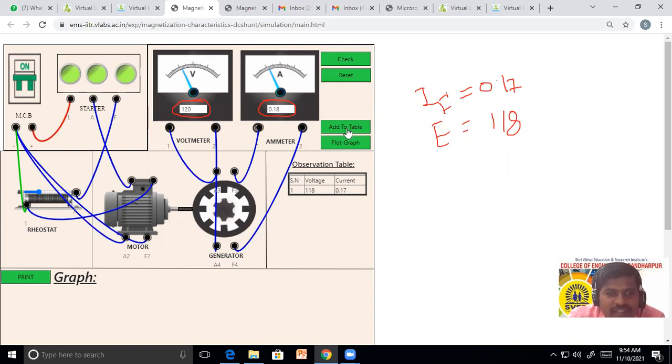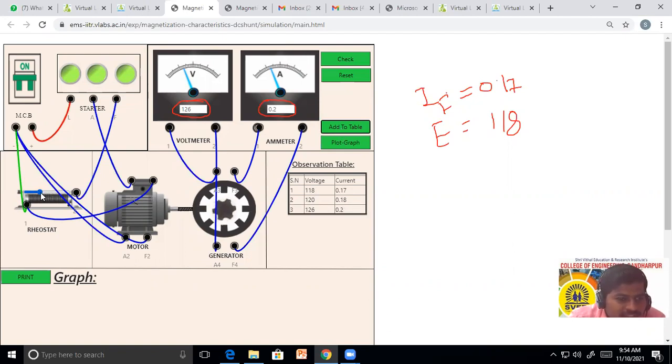So just add this value to the table. Again, while I am varying this value, take the reading 126 volt and 0.2 ampere current. So just add this value to the table.